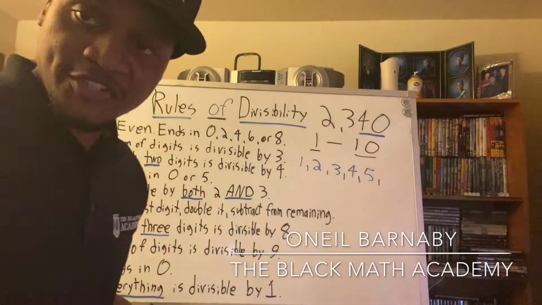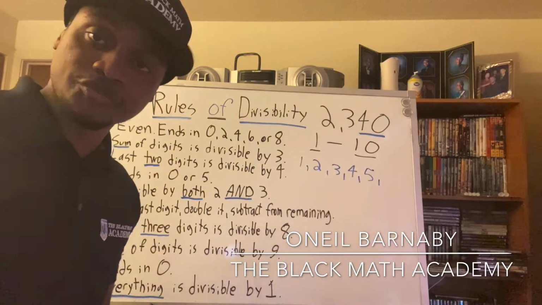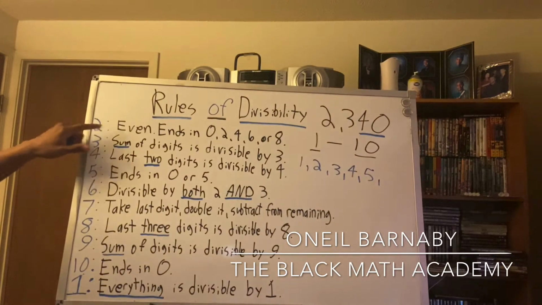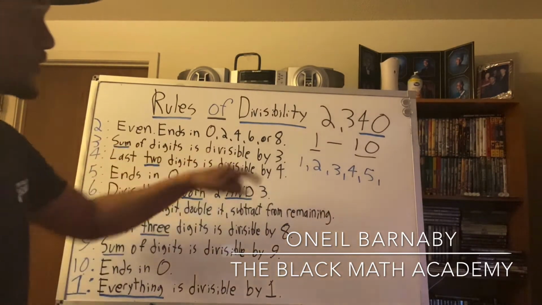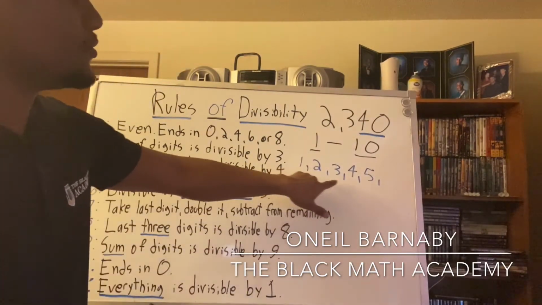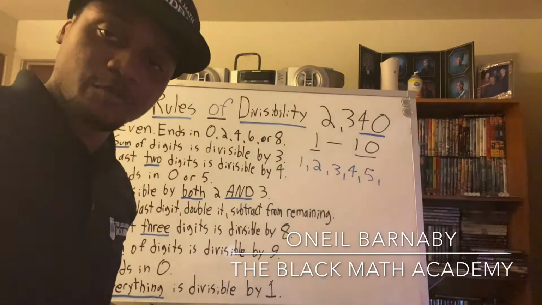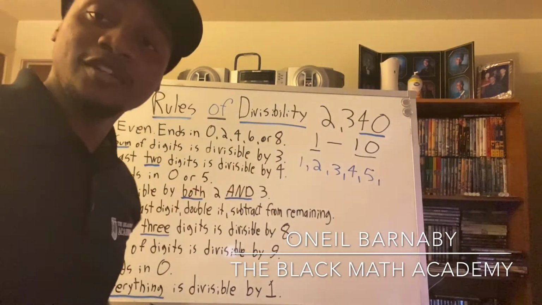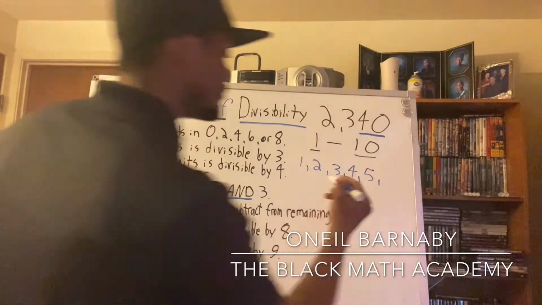So the rule for 6 is a combination of 2 rules, the rule for 2 and the rule for 3. 2 says it has to be even. 3 says the sum of its digits has to be divisible by 3. Well, if we look at our list, we already have 2 and 3 within it, so it's already divisible by both of those digits. Therefore, 2,340 is divisible by 6.